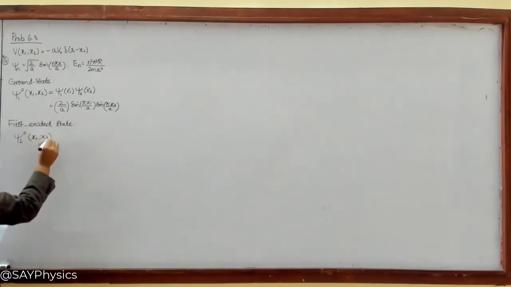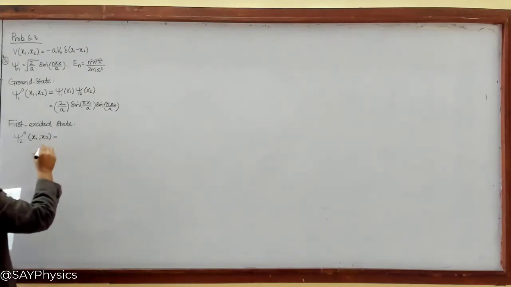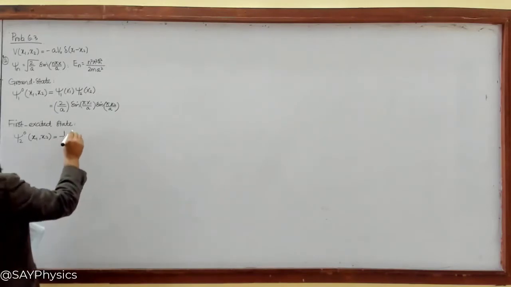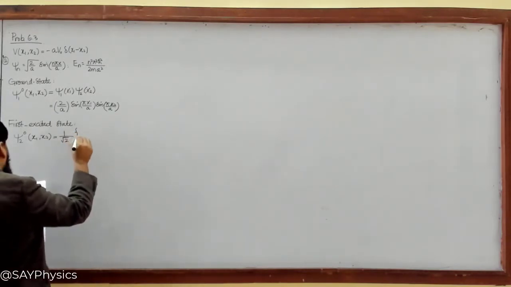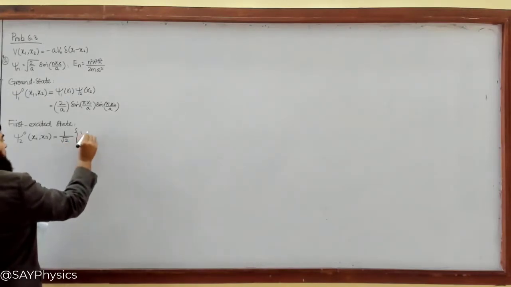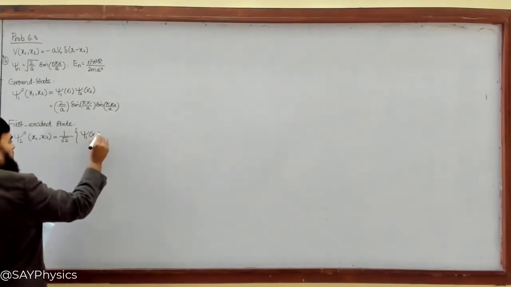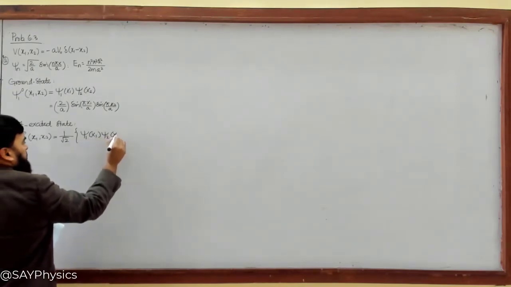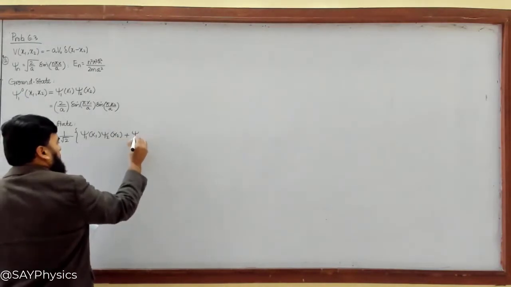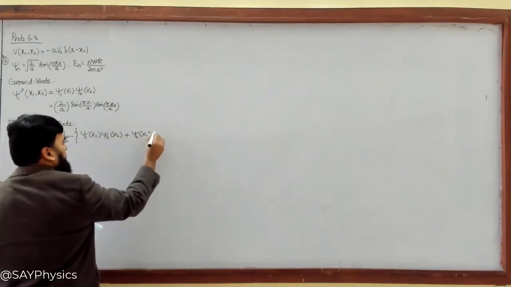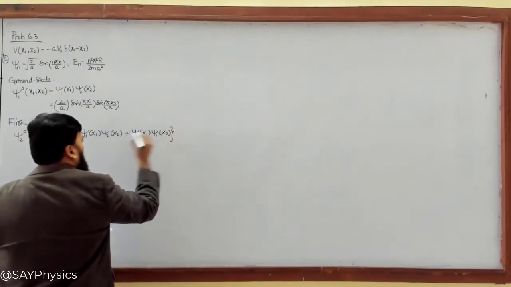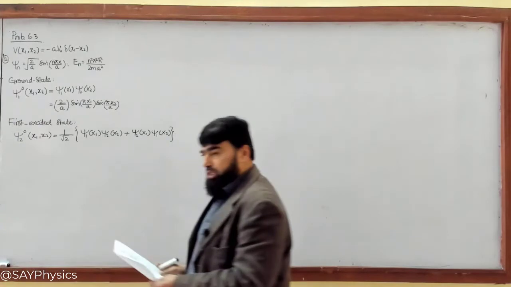We are having two bosons, and this is equal to 1 over square root 2. And you remember this situation as well, which we have written for the fermions and bosons. Psi 1 x1, psi 2 x2, and plus here for psi 2 x1, psi 1 x2. This with the plus symbol.